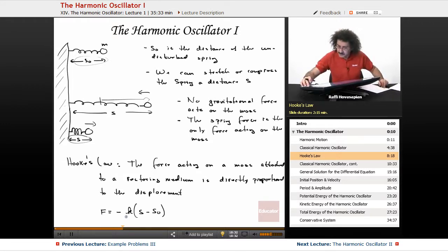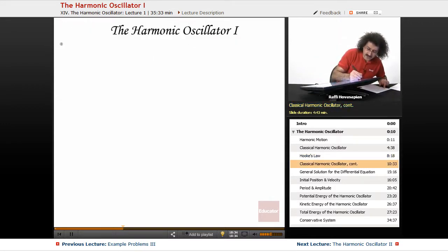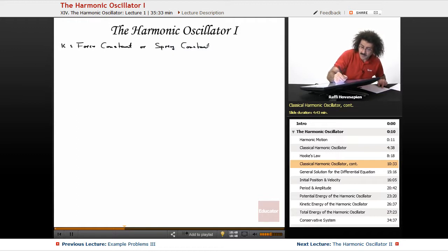Okay. So now k is the force constant. k is called the force constant or the spring constant. Now, a large k means you have a very stiff spring.